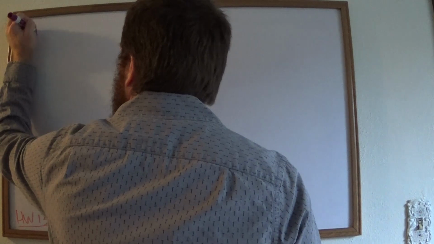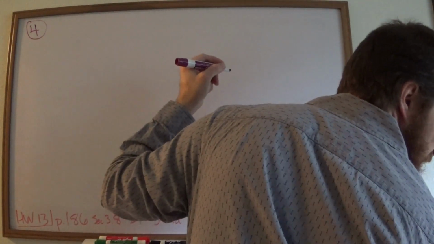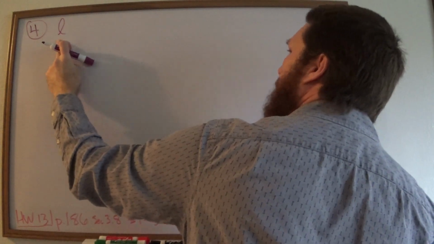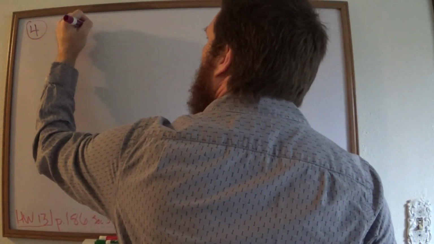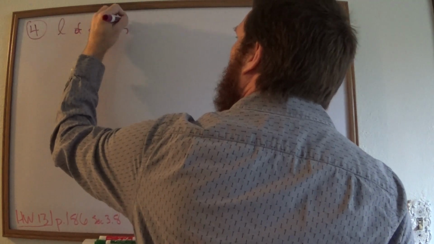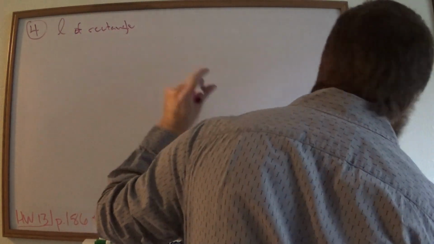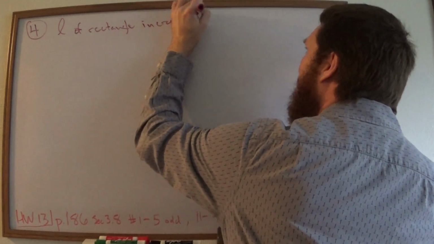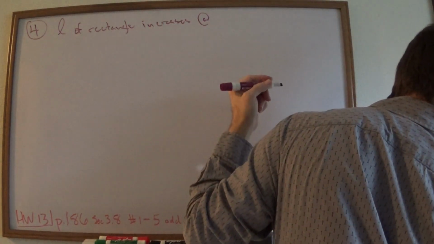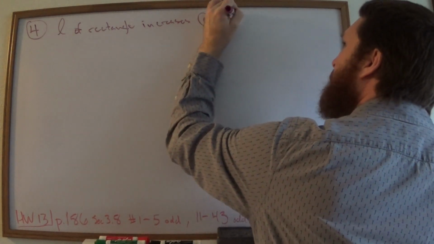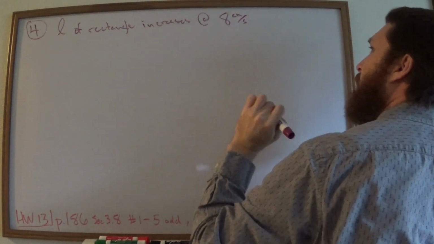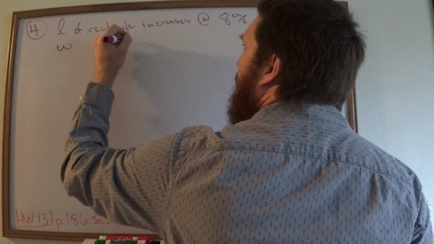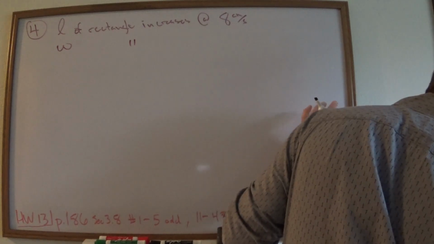Here's number 4 from this section. It tells you that the length, I'm just going to use cursive L for length, of a rectangle increases at a rate of 8 centimeters per second. Now, the width of the rectangle, is it increasing or decreasing?